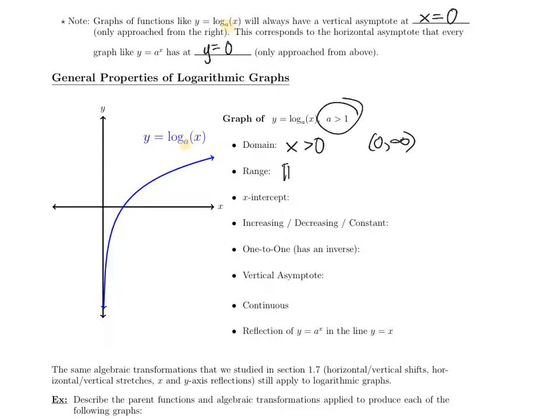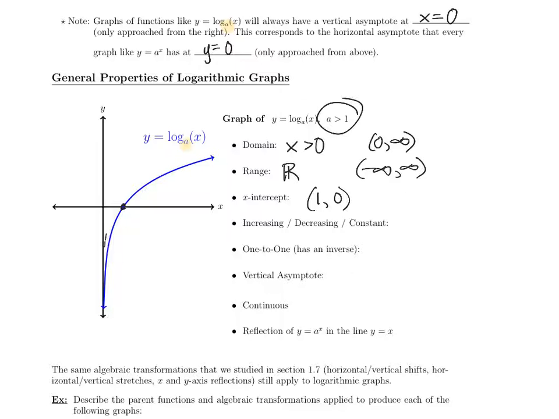The range is all real numbers, which in interval notation is negative infinity to infinity. The x-intercept is happening at (1, 0), which is the inverse of the y-intercept for that exponential function.